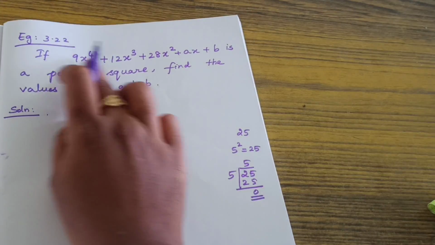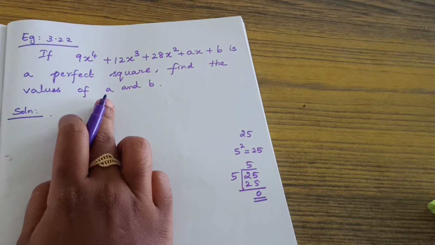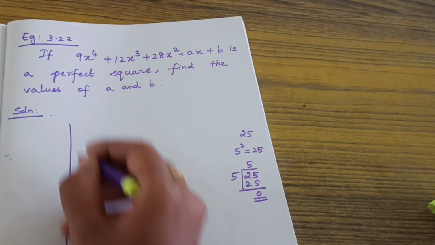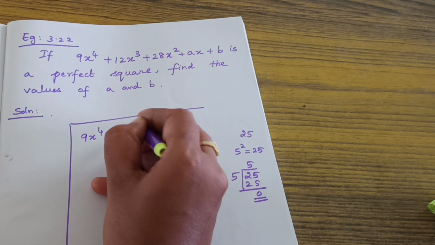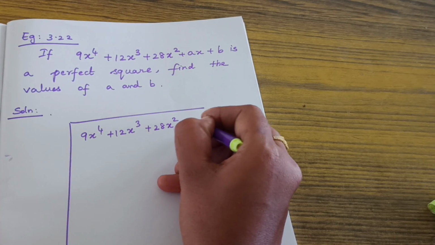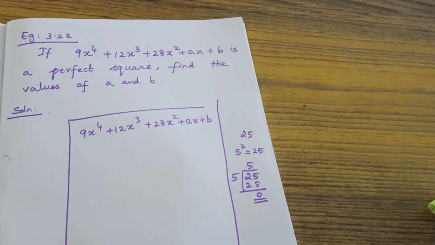So listen. First we need to find the square root of this and after that we will get the values of a and b. Shall we do it now? First, 9x power 4 plus 12x cube plus 28x square plus ax plus b. The same model only. Listen.